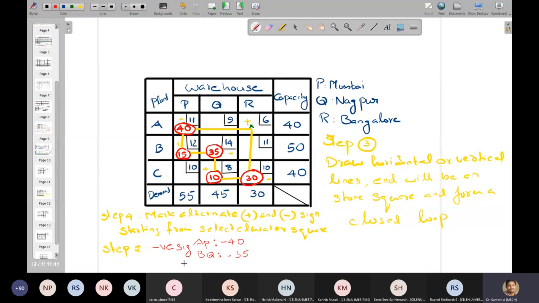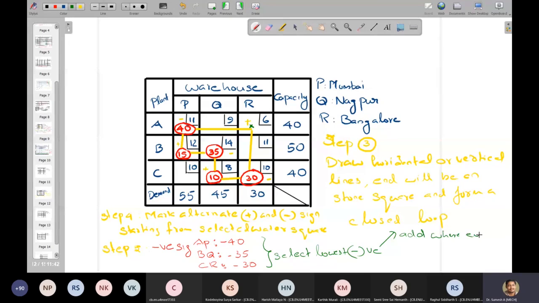Now select the lowest negative. Add wherever there is a plus sign.